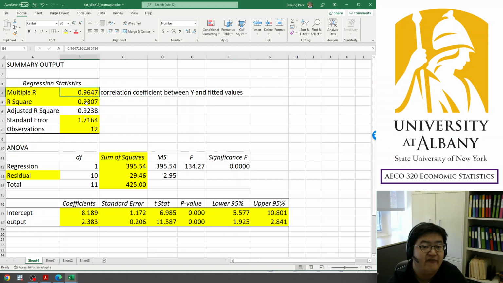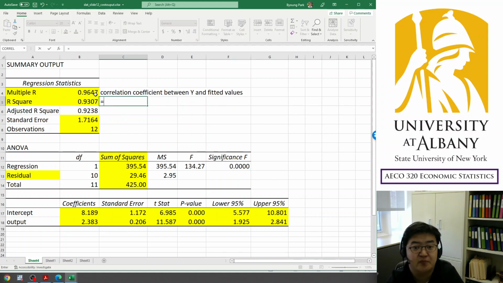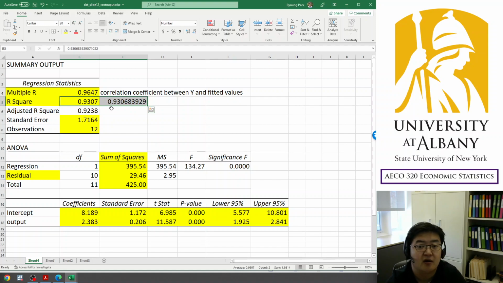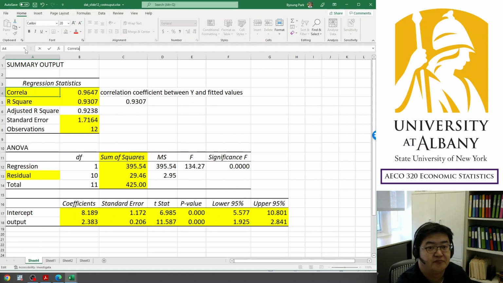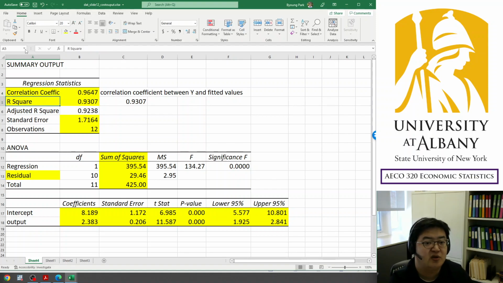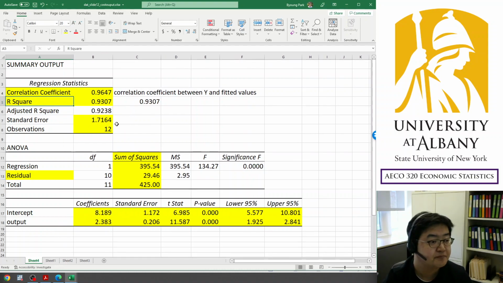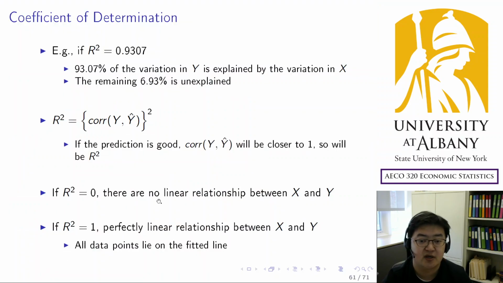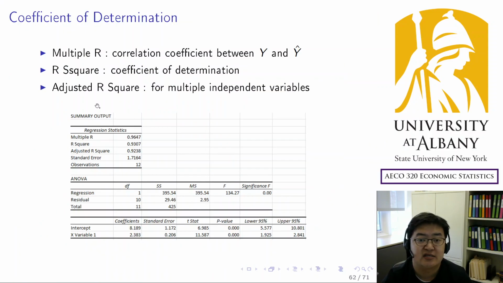If you square that, if you multiply this twice, then you will get this same number again. That's how you connect the R square to the correlation coefficient: the correlation coefficient between the actual observations and fitted values.